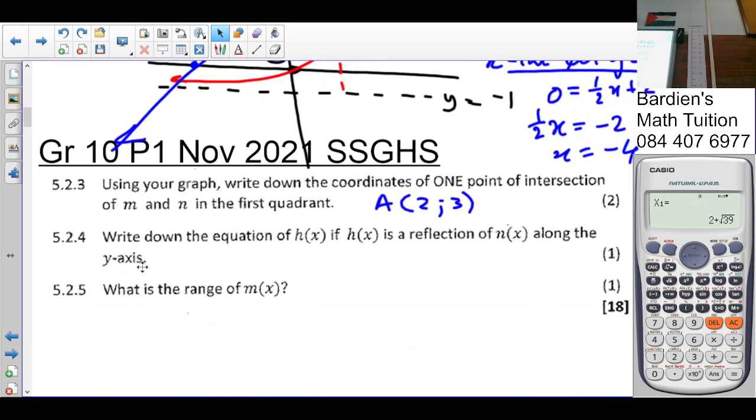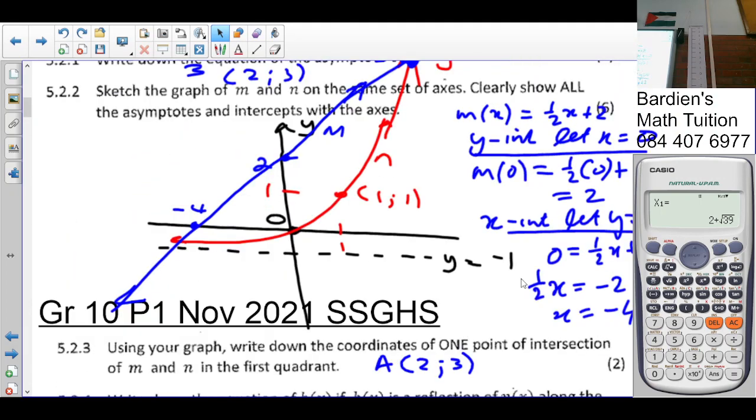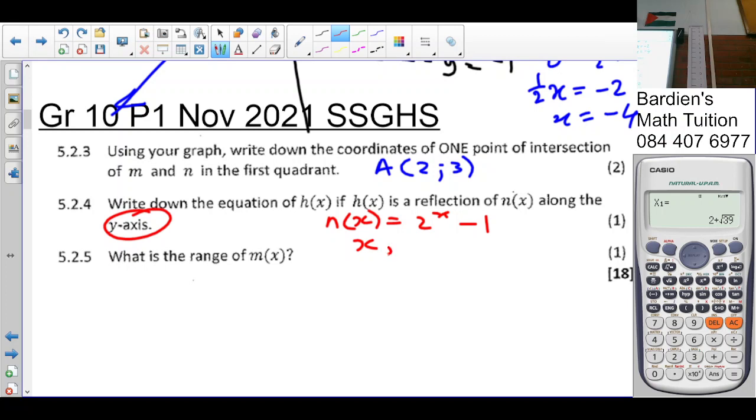The next is write down the equation of h of x. If h of x is a reflection of n of x, then let's get the n of x graph. So n of x is equal to 2 to the x minus 1. It's a reflection of n of x along the y-axis. So if something is reflected along the y-axis, what happens? X becomes negative. So as you can see, there's an x.